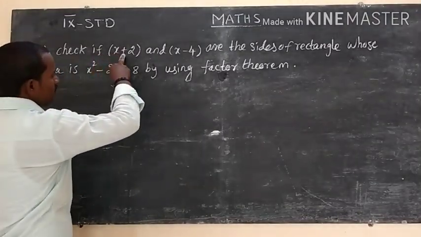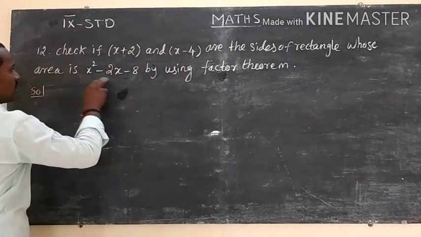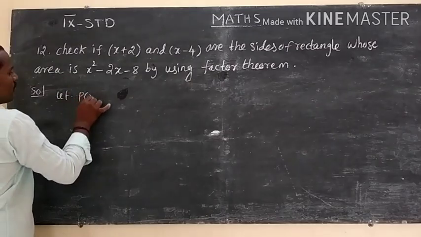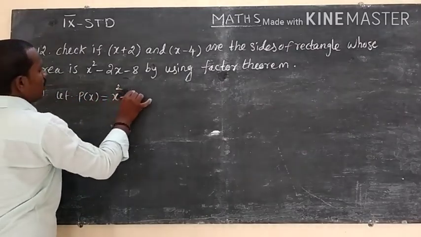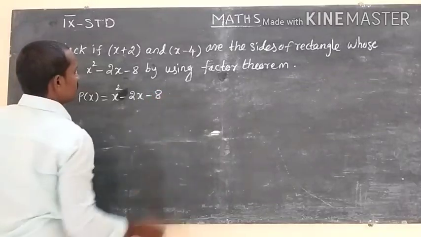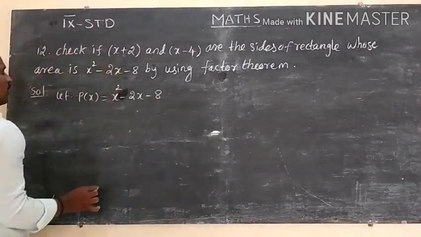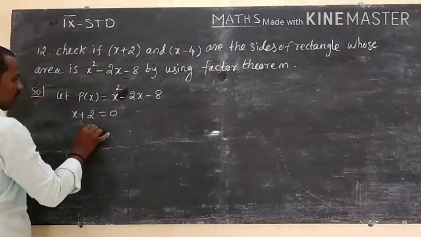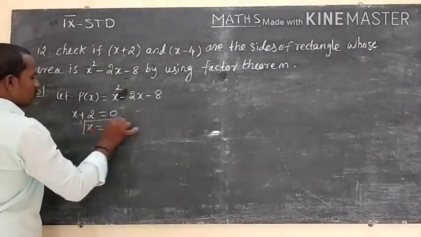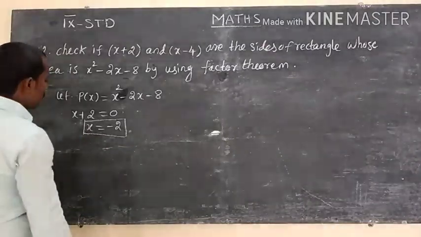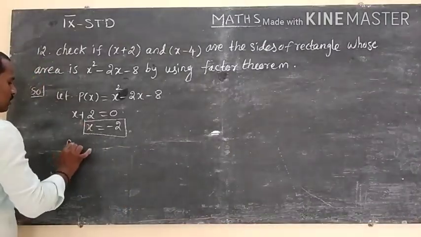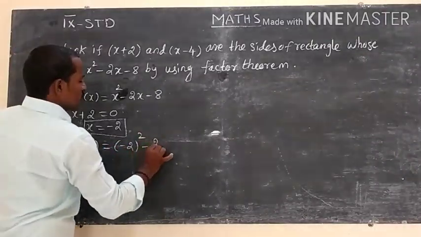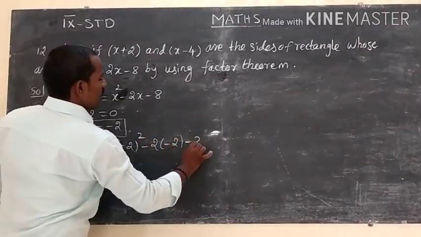From the question, the two factors exactly divide the polynomial. Let p of x equal x square minus 2x minus 8. First consider the first factor, x plus 2 equal to 0, then x is equal to minus 2. So p of minus 2 equals minus 2 the whole square, minus 2 into minus 2, and minus 8.